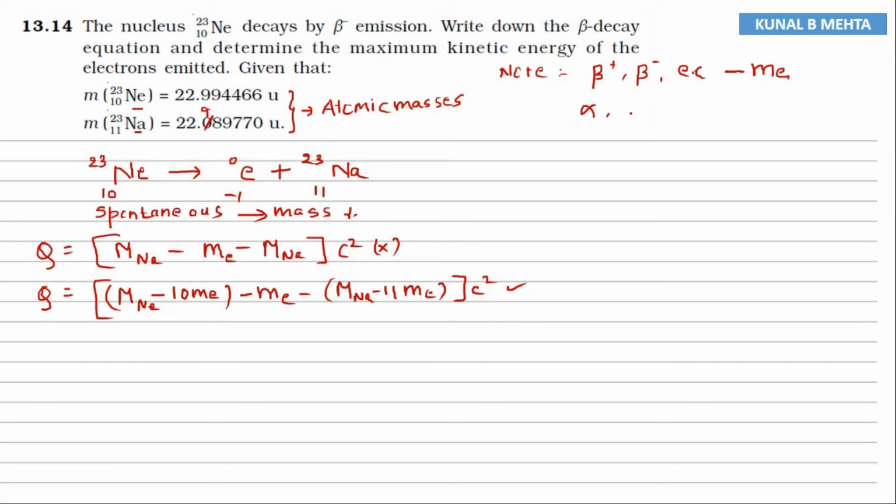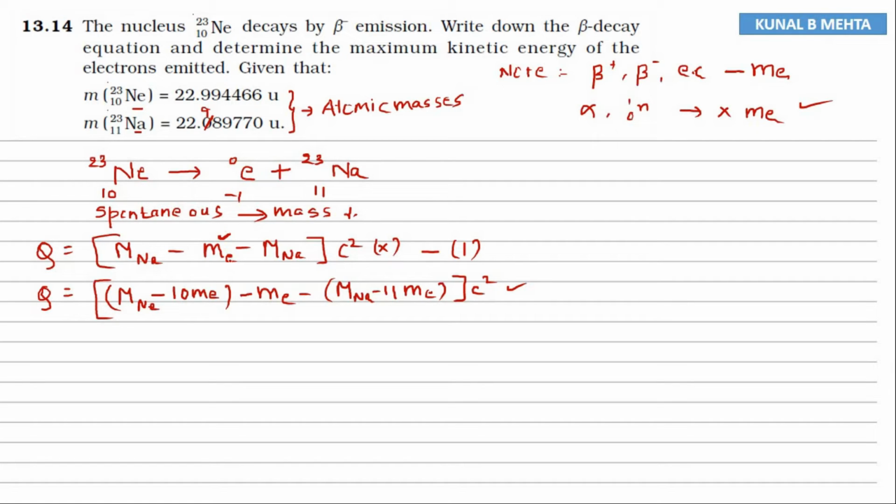But in alpha decay, even if you do not remove the masses of electrons, you will get the correct answer. Now why is it so, let us try to understand. If you solve your question by directly substituting the atomic mass, then the problem would not be justified. Because on the product side you have an electron and its mass you are considering, and from the atomic masses you are not removing the masses of the electrons.